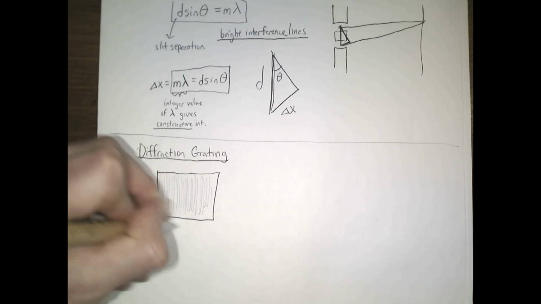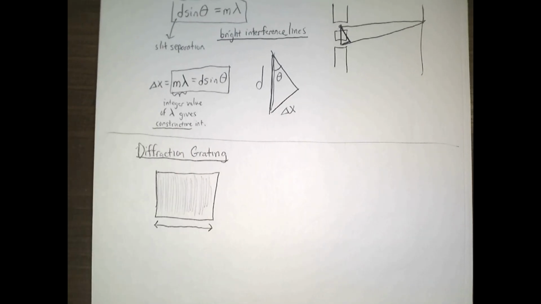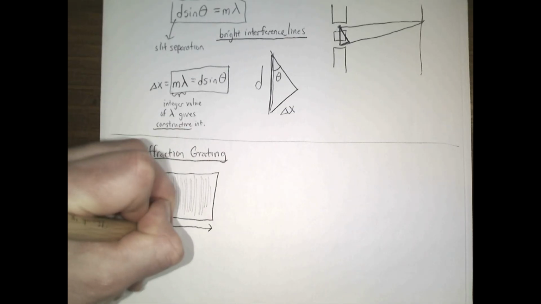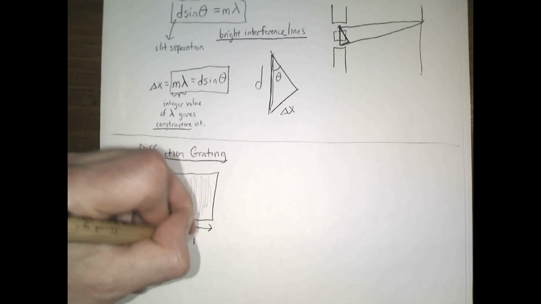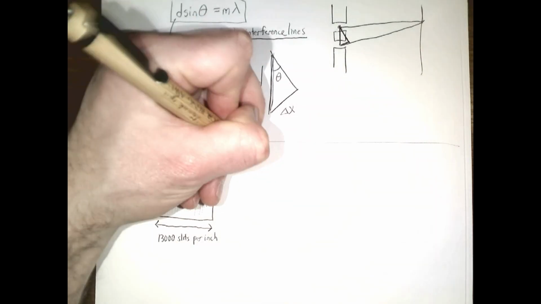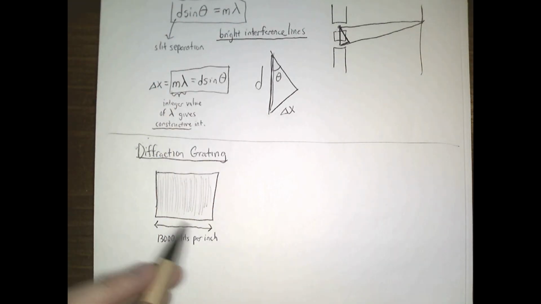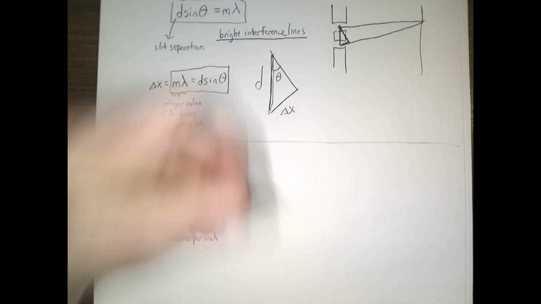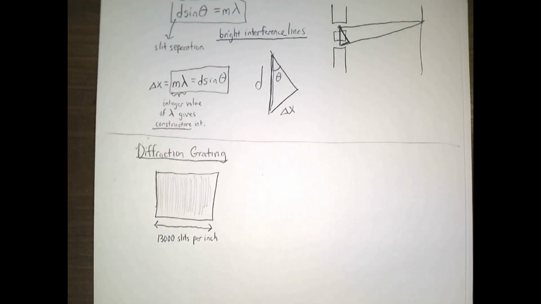And you might have this rated by something like 13,000 slits per inch or something like that. So you're given a number of slits per inch. What this does is, because there are so many slits, there are so many more opportunities for interference to occur.